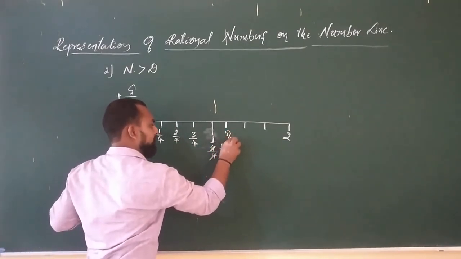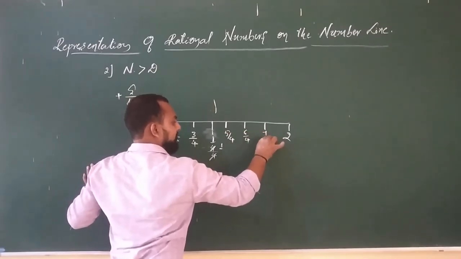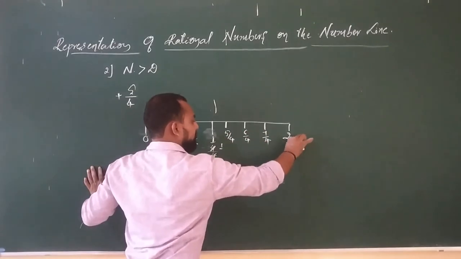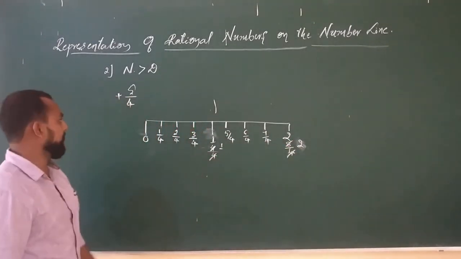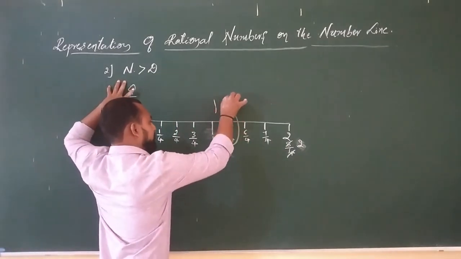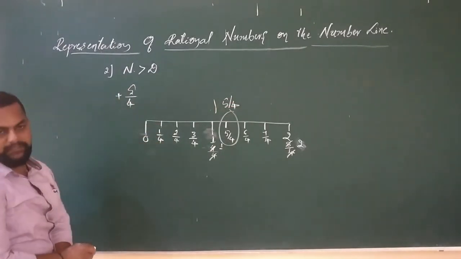This is 5 by 4, this one is 6 by 4, this one is 7 by 4, and this is 8 by 4. 8 by 4 is nothing but 2. Here this is 5 by 4, the rational number on the number line.